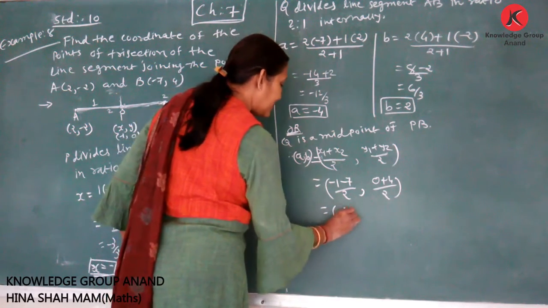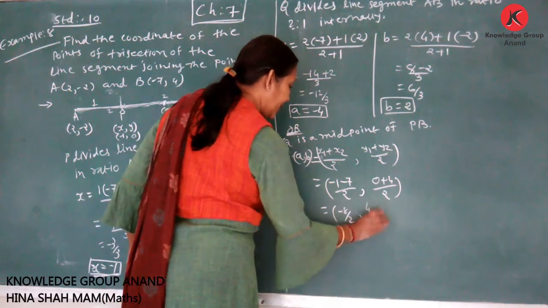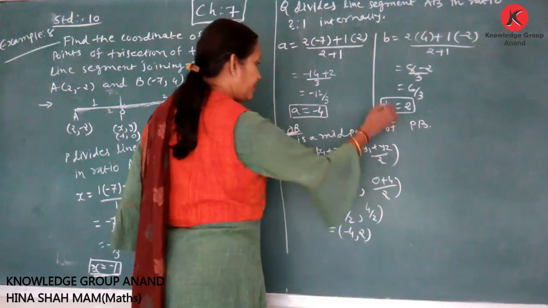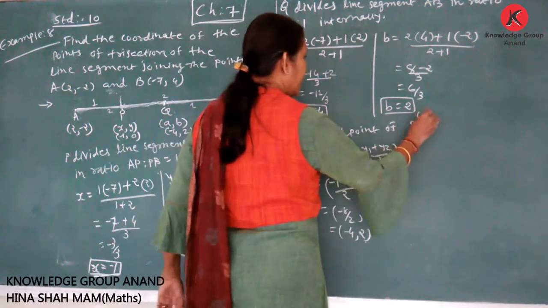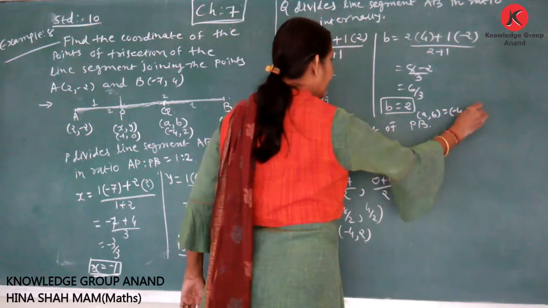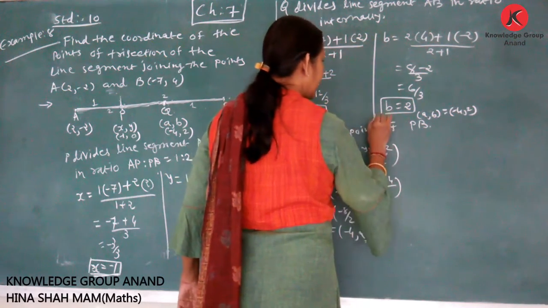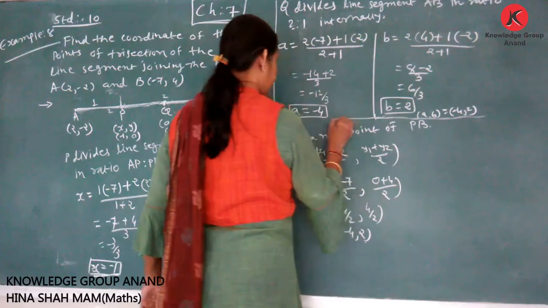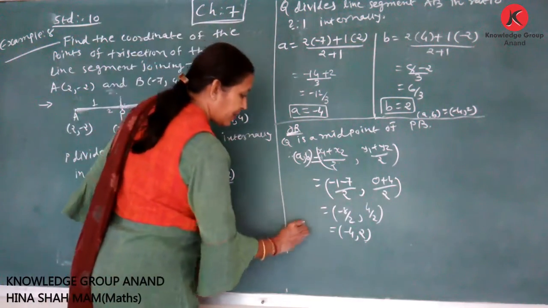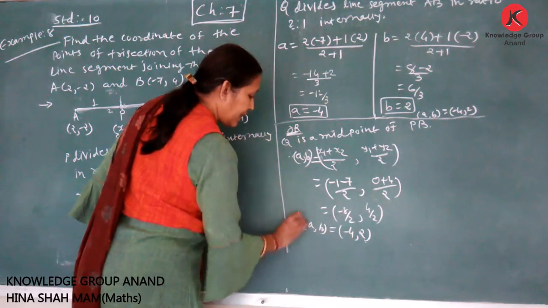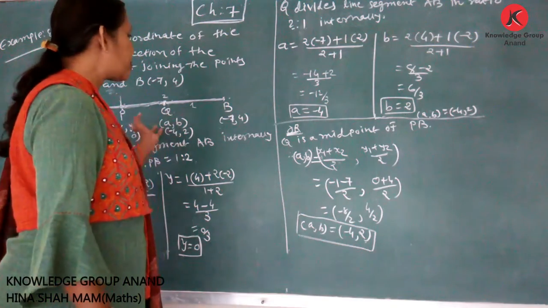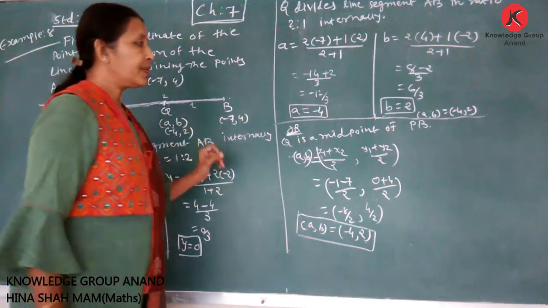That gives minus 8 by 2 and 4 by 2, equals minus 4 and 2. So Q is (-4, 2) by the midpoint formula as well. You find the coordinates of Q by both methods.